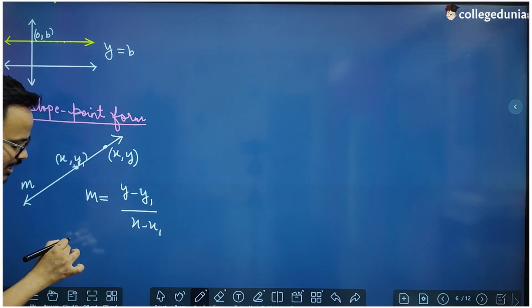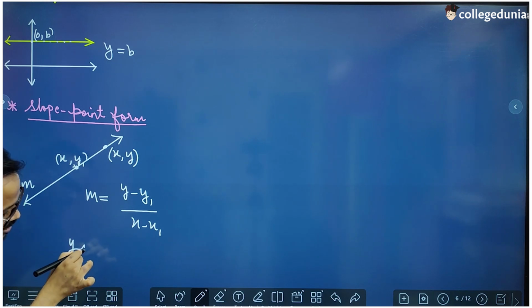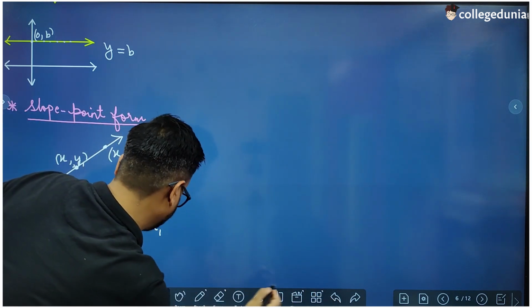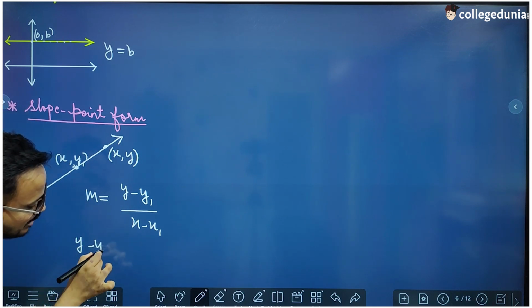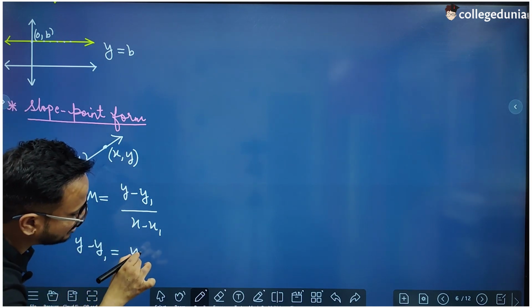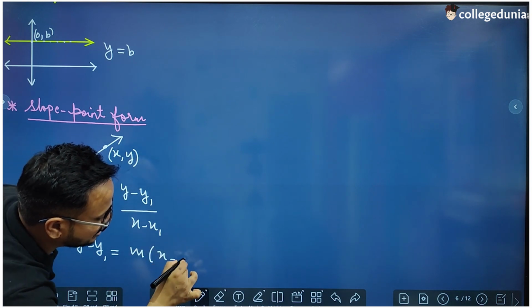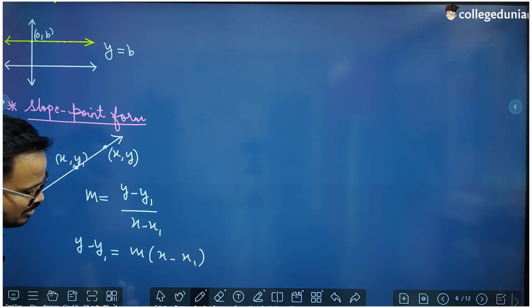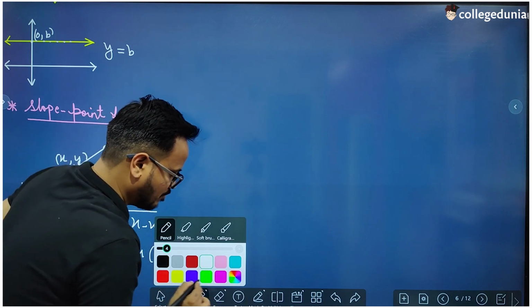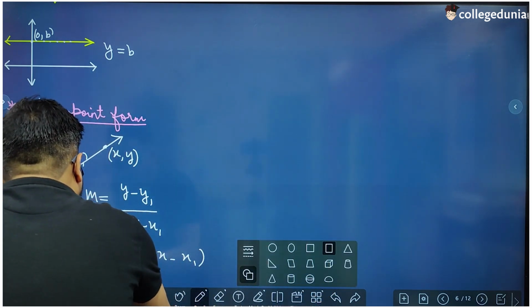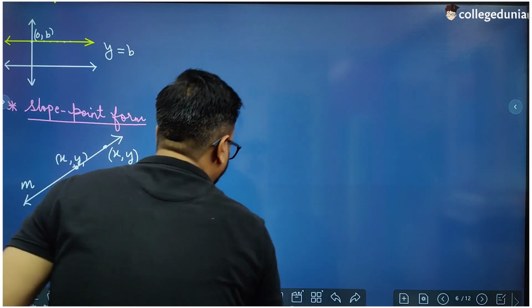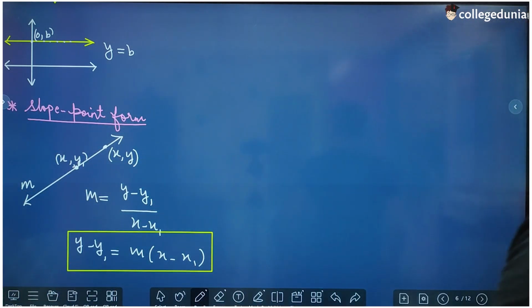So if we cross multiply, we will see that the equation of the line is y minus y1 equal to m into x minus x1. So this form is called slope point form because slope and a point are needed to find the equation of a line using this form, right?